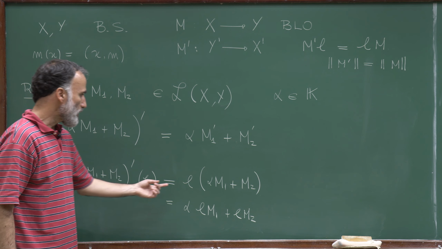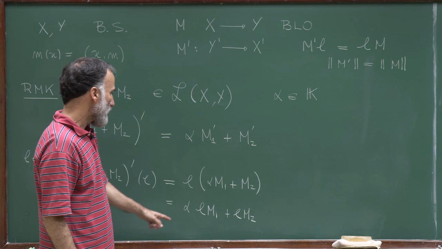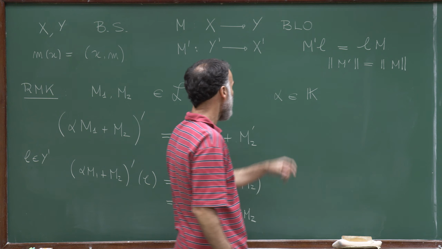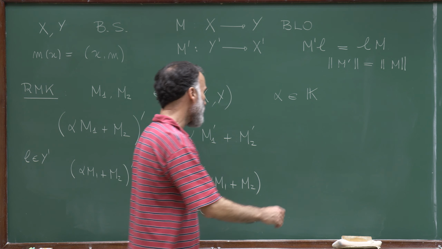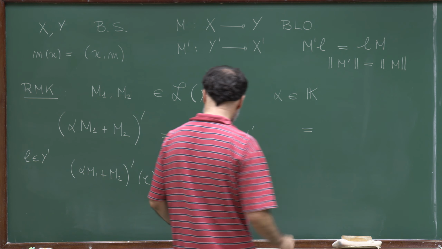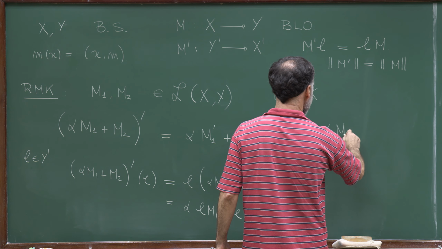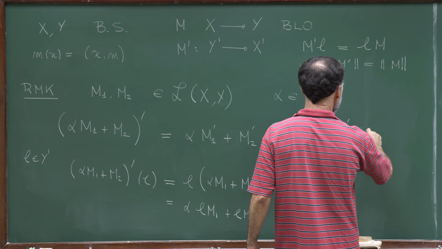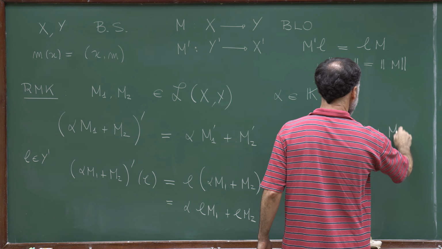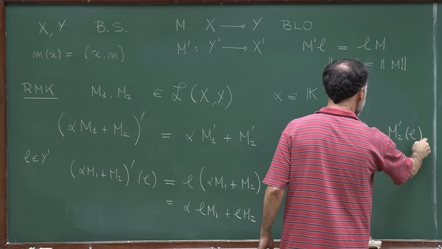So here we are using linearity of L. And now again, by definition of m1 prime and m2 prime, this expression is alpha m1 prime applied to L plus m2 prime applied to L.